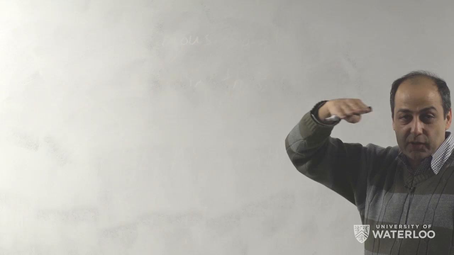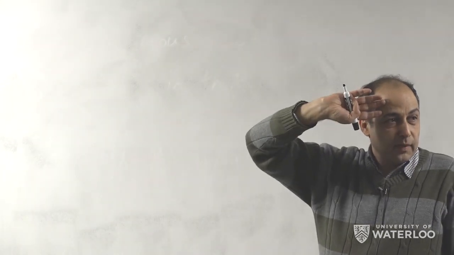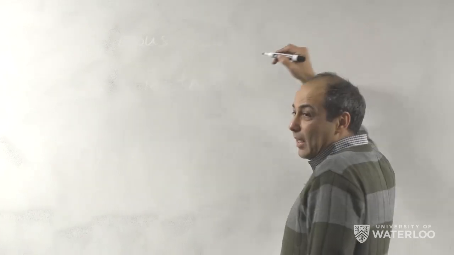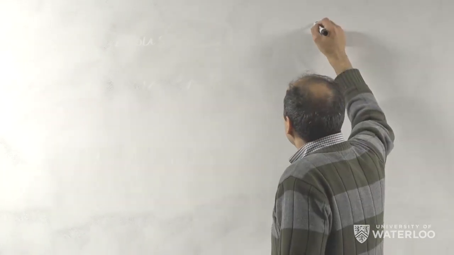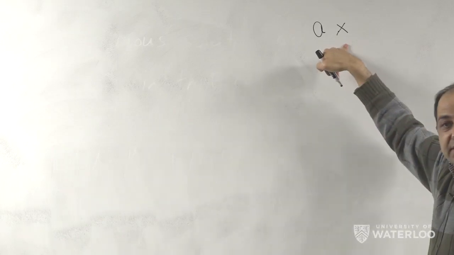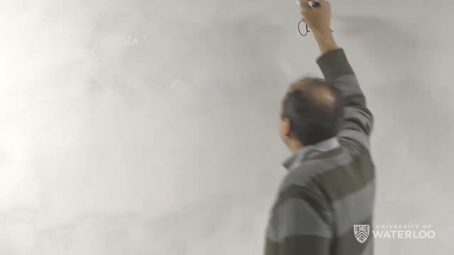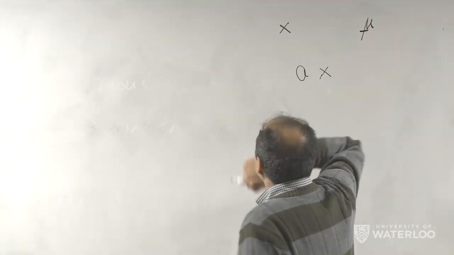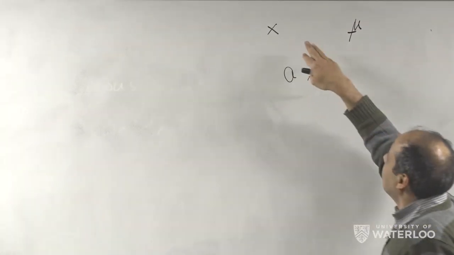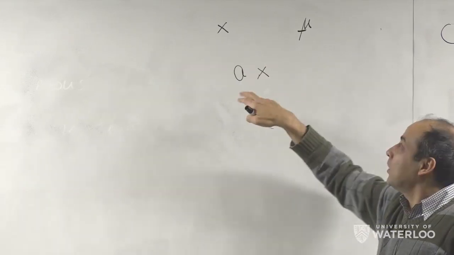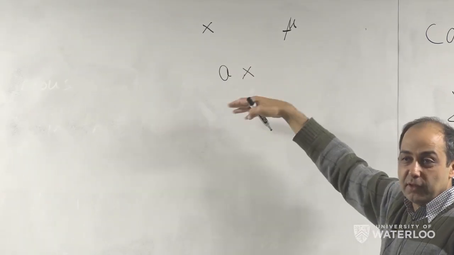Look at a simple case. Suppose that x is just one-dimensional. I have n points here, one-dimensional. The mean is mu. If I multiply these points by a constant a, what would be the mean of the new points?